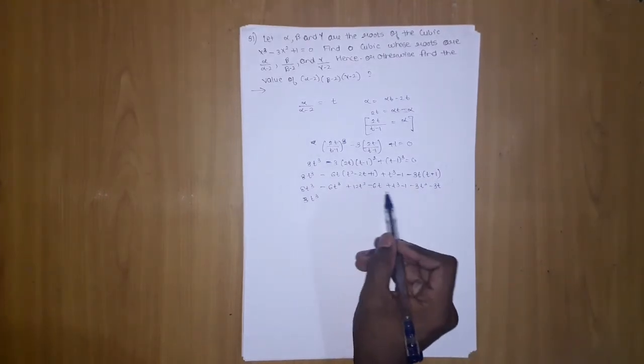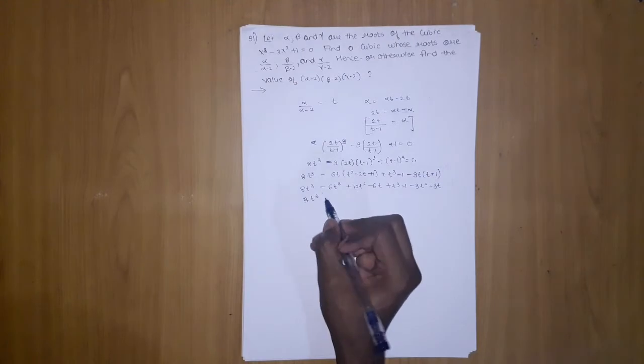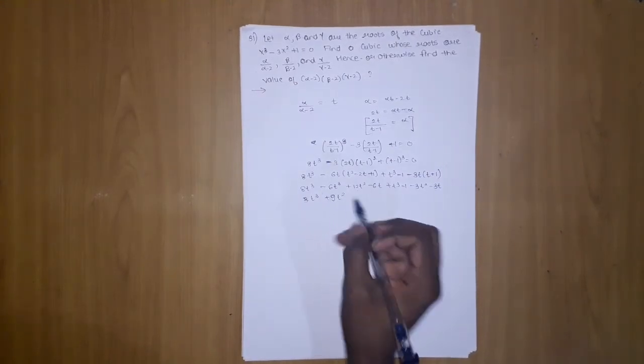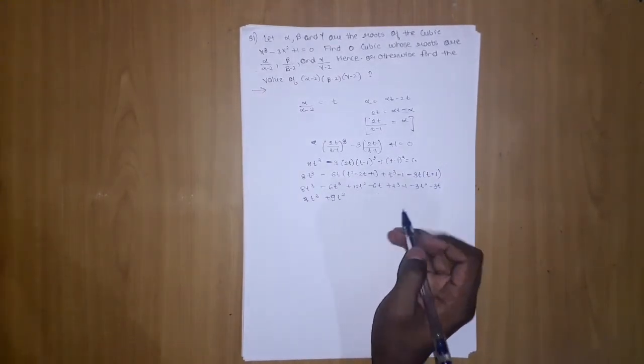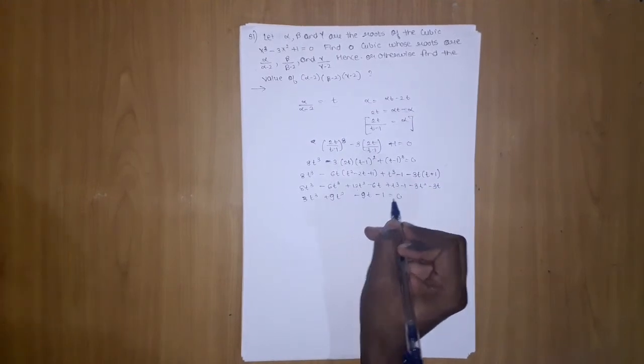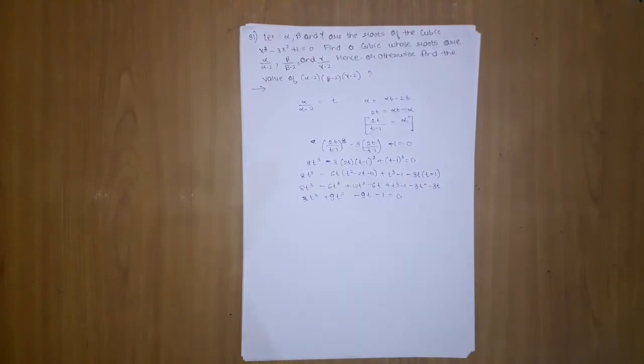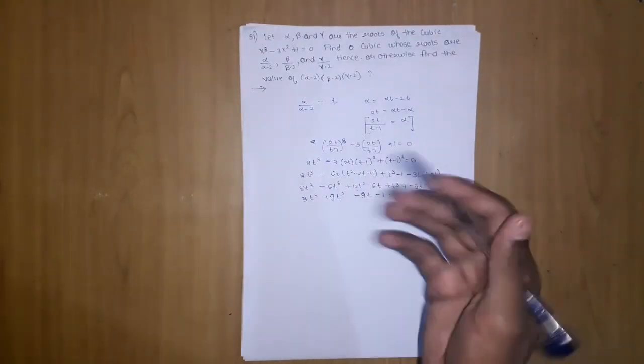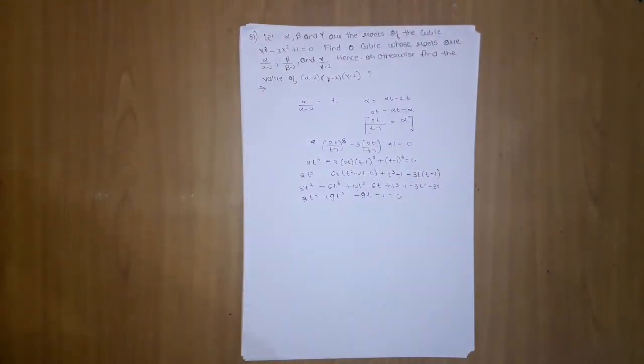Now t square and minus 3t square, so 9t square. Now minus 6t minus 3t means minus 9t, and we will be left with minus 1 equal to 0. So this is the equation whose roots are alpha upon alpha minus 2. You can replace t by x.